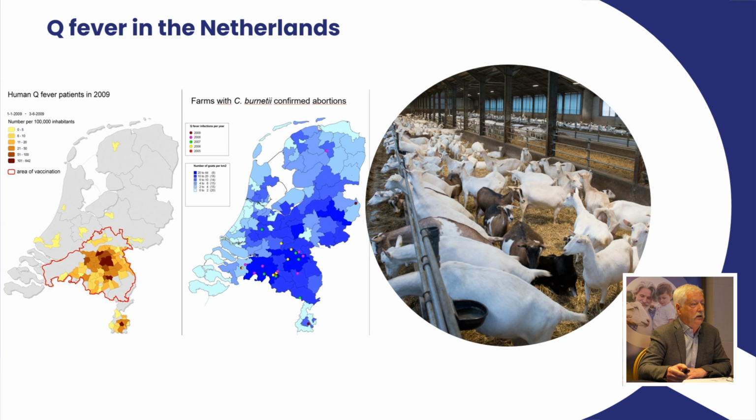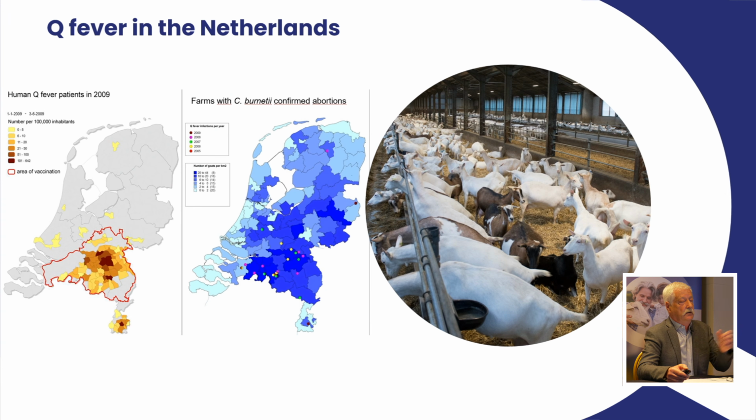If you look at the outbreak in the northern part, almost no human cases were found there, and in the eastern part the same applies. Although the farm midway in the Netherlands in the eastern part was a dairy goat farm where movement of animals from an infected farm in the southern part of the Netherlands had taken place.